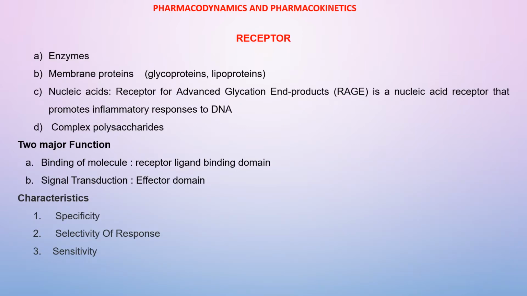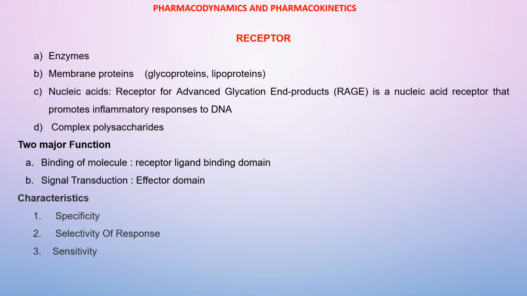Receptors are mostly proteins. They could be enzymes, membrane proteins, nucleic acids, and complex polysaccharides. The two major functions of a receptor are binding to the molecule or the drug and signal transduction on interaction with the molecule to give a response.